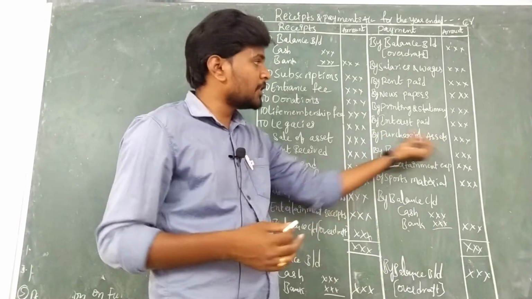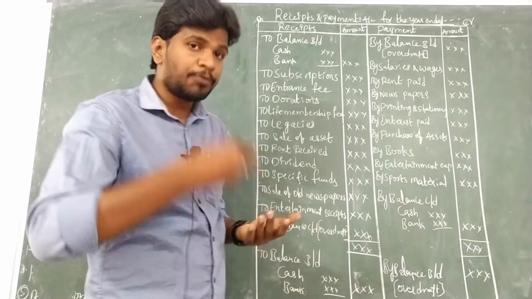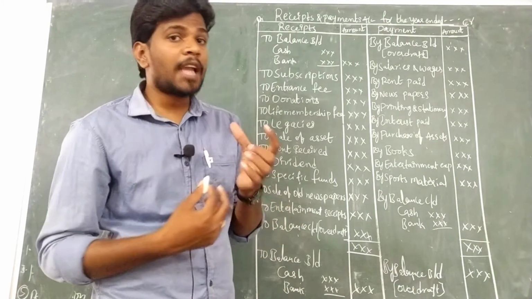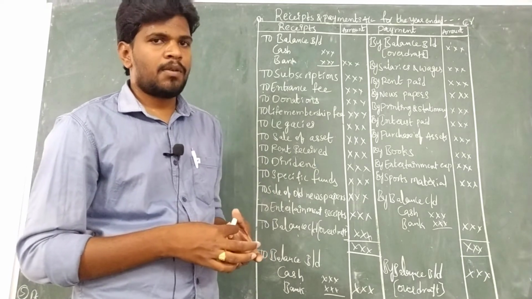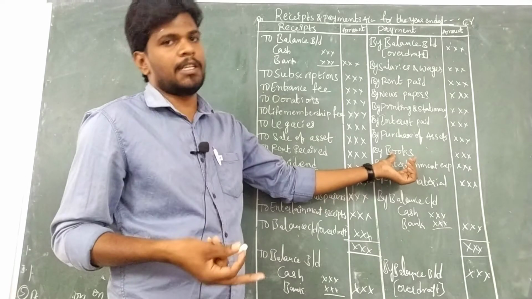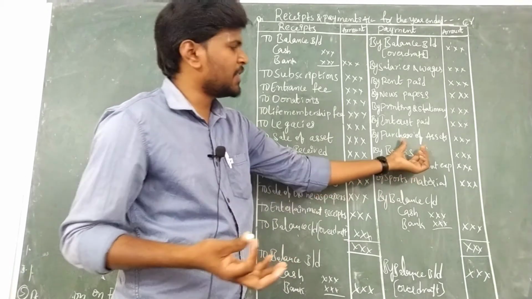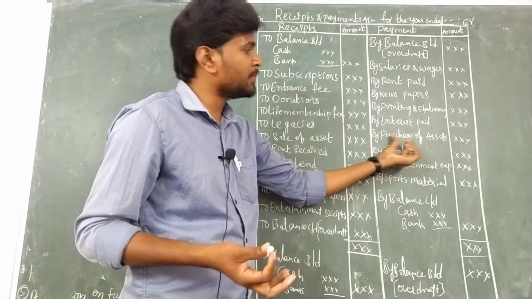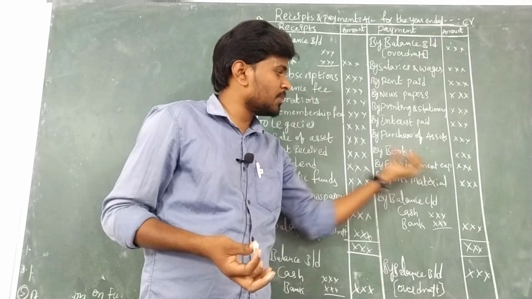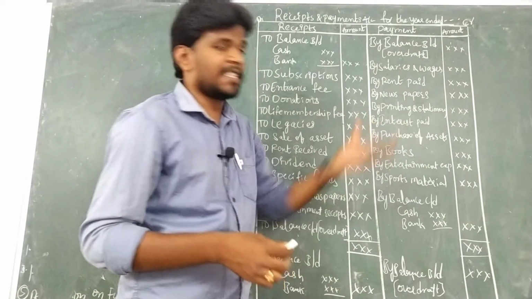Next, purchase of assets. Purchase of all assets is also a payment, and it is a capital expenditure. Next, books. It is also an asset, but you may know or you may not know, that's why I mentioned this. Here I already mentioned purchase of assets. Out of the assets, books and sports material are both assets.